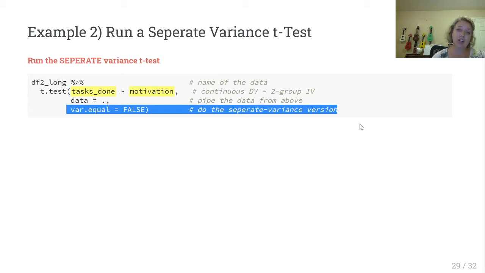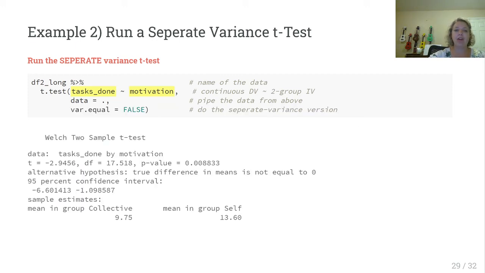We have to change it, not the default, to var.equal equals false. Okay, run that, and notice that the output doesn't say two-group t-test. It says Welch's two-sample t-test.